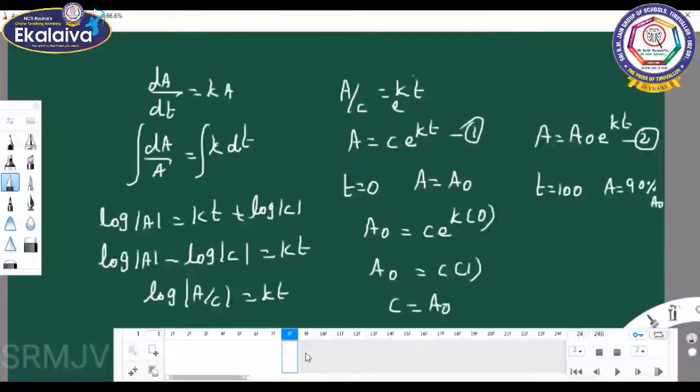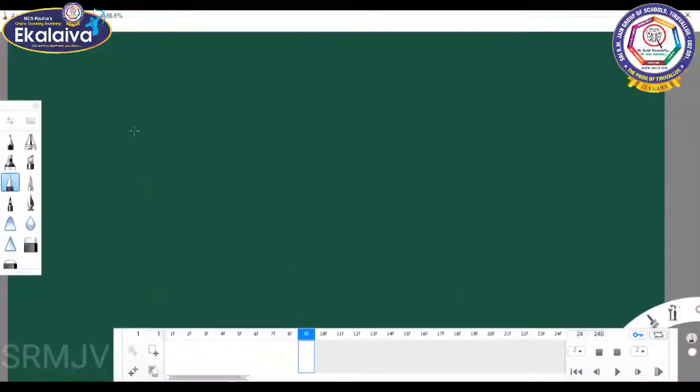So when t equals 100, A equals 90 percent of A naught, which is 90 by 100 into A naught, so 9 by 10 into A naught.